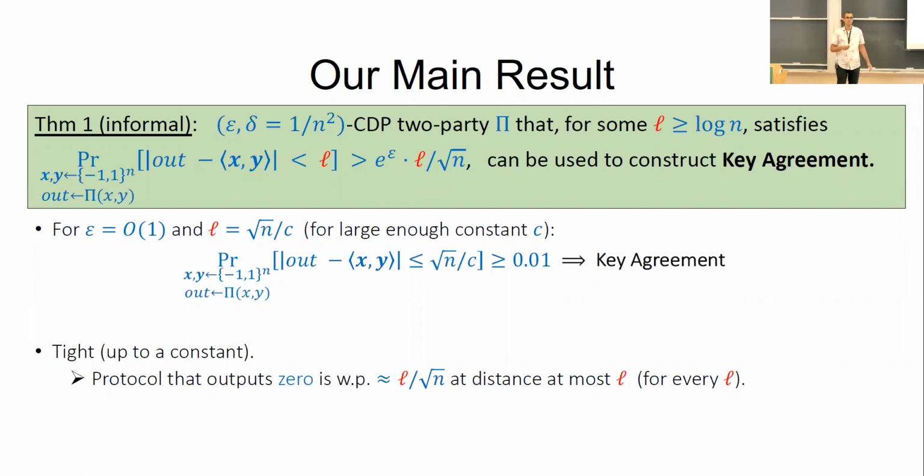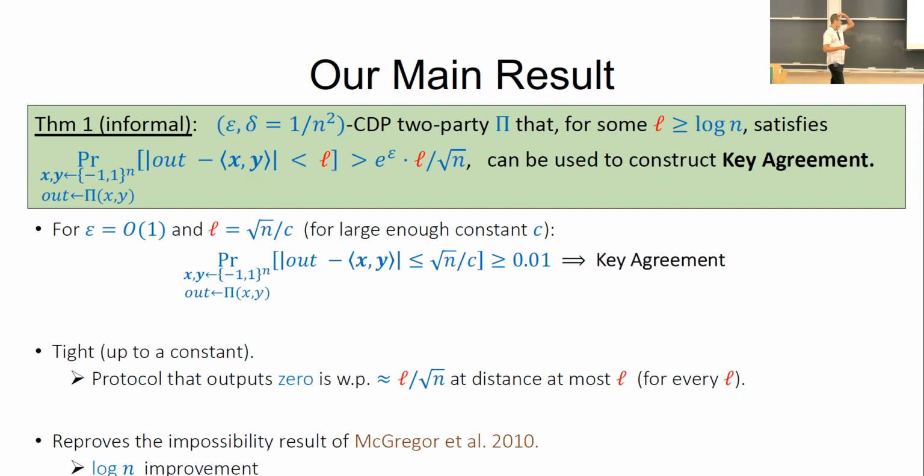And we can construct a key agreement from it. A nice thing about this result is that it improves the impossibility result of McGregor et al. in the information theoretic case. It also has a log n improvement, because here we have square root of n and not square root of n over log n.